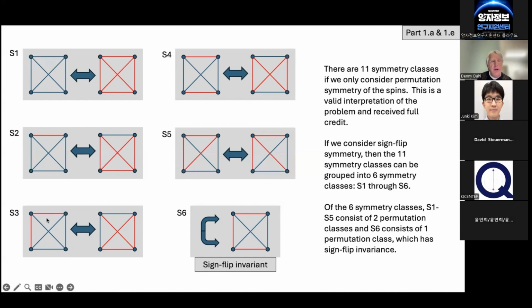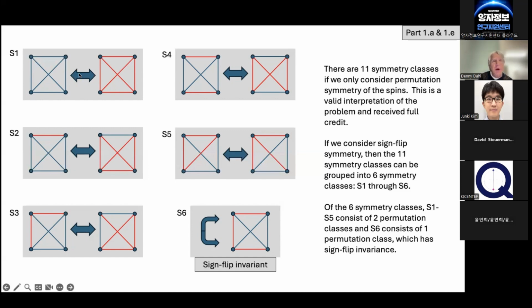If two of the couplings are antiferromagnetic, then the two couplings could either share a spin, which is what you see here, or the two antiferromagnetic couplings could be between different pairs of spins, like you see here. So I just classified all of these different permutation possibilities.